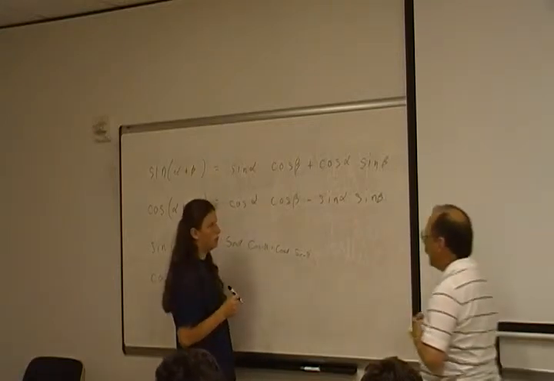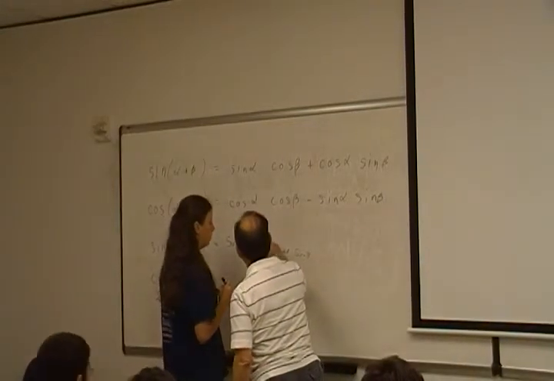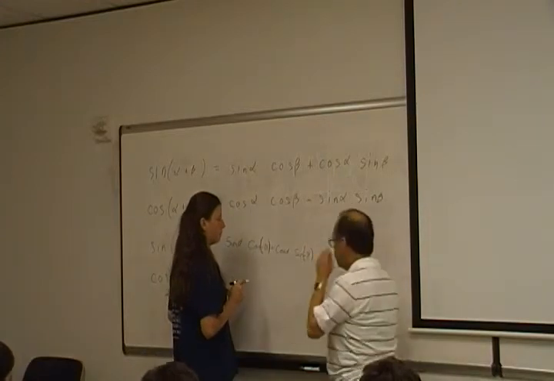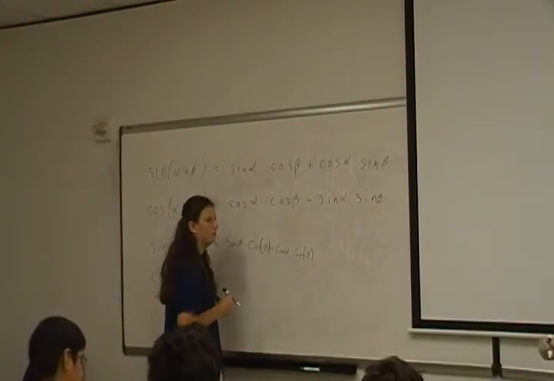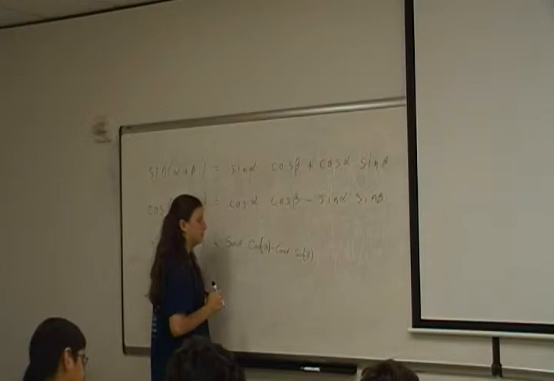Okay, it's all fine, except we probably need parentheses there and there to make it obvious that the minus beta is what's inside the argument of cosine.